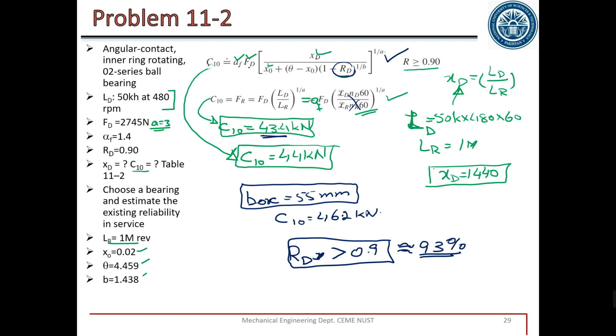So if the life is more for our applied load, what is the reliability? I'm not sure of the answer, but if the reliability is 93%, it means that our initial choice of 10 failures per 100 bearings is improved, and now 93 bearings out of 100 are satisfactorily performing their function and only 7 bearings are failing.